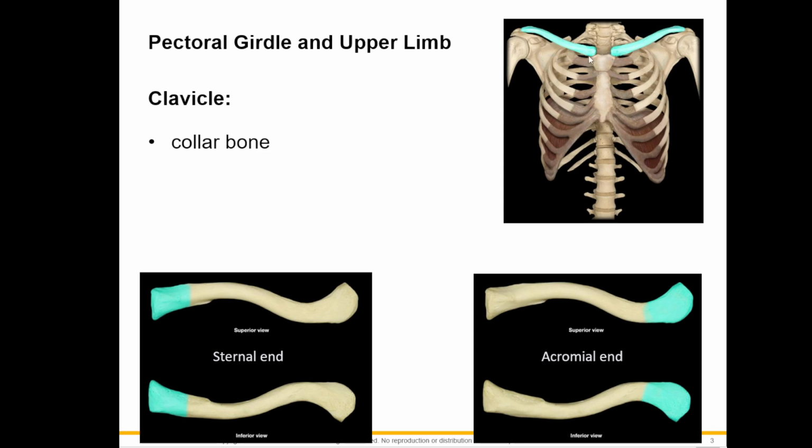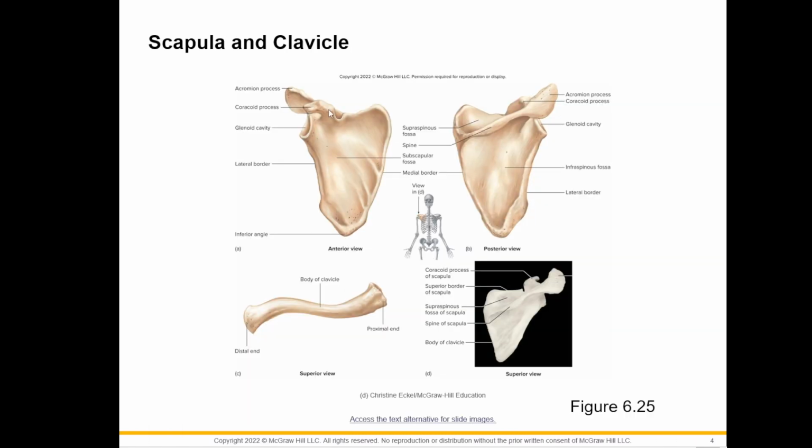There is a sternal end, which is attached to the sternum or the manubrium, and we have the acromial end, which is attached to the acromion process of the scapula, which later on I will show you. So here is the acromion process of the scapula. This is where the clavicle would attach to.